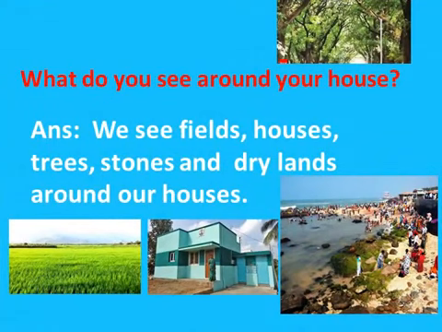My dear children, what are the things you see around your house? We can see fields where you grow your ragi or millets. You can see houses, your neighbors' houses.